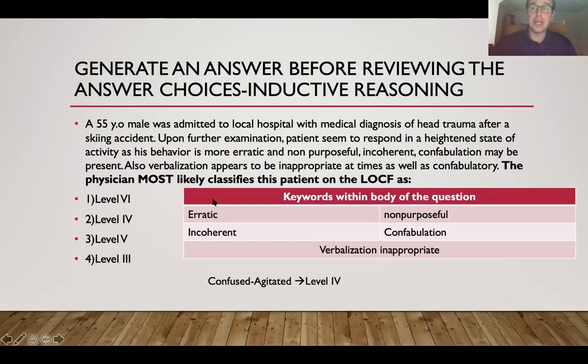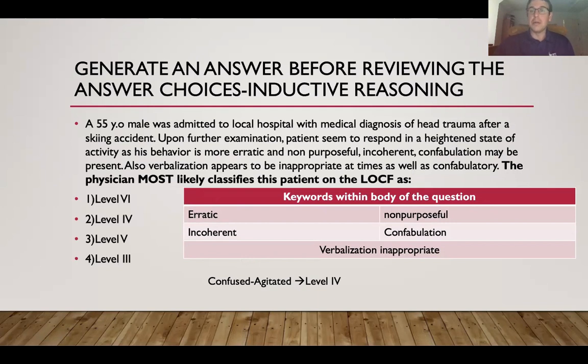So that tells you this patient's at level 4. We see the patient is also presenting non-purposeful movements. Confabulation is also present, and verbalization is inappropriate. So that tells us it's possibly level 4.